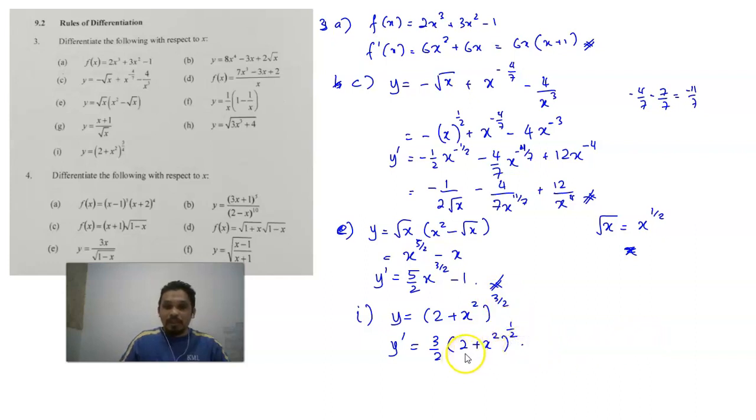Multiply with derivative of the 2 plus x squared, differentiate function inside. Differentiate 2, 0, differentiate x squared, 2x. So 2 divided by 2, that is equal to 3 times x, then (2 plus x squared) to the power of half.